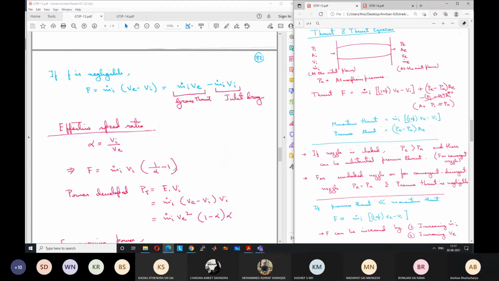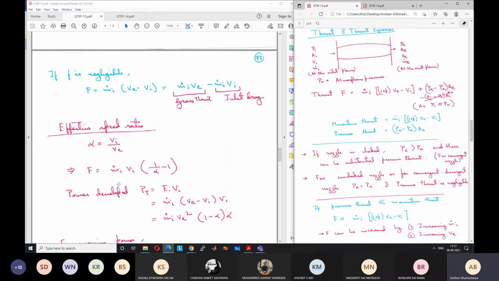The power that is developed is force into velocity. Force is the thrust. So thrust F into the velocity of the aircraft Vi, which for the simplistic case is equal to m dot_a (V minus Vi) into Vi.